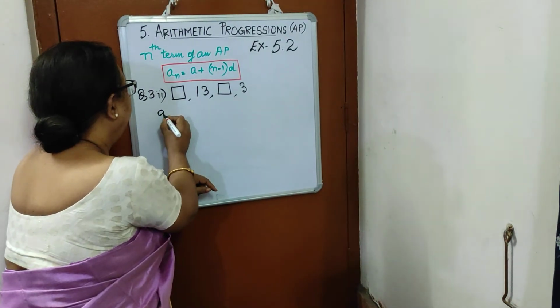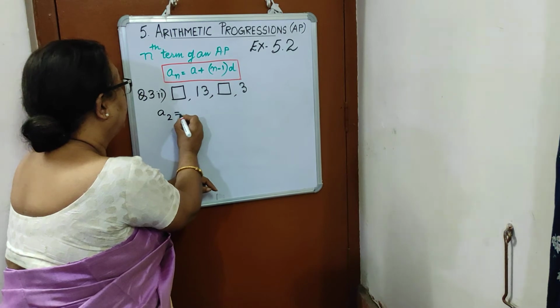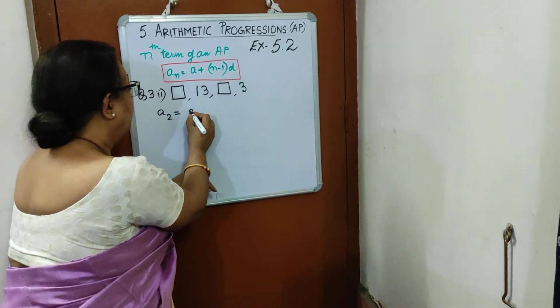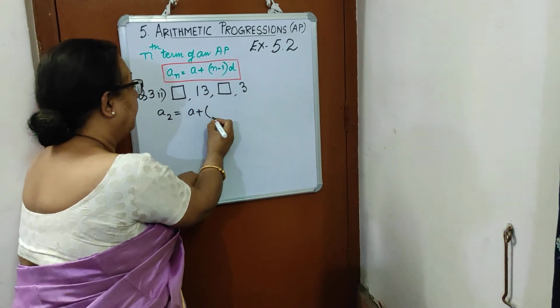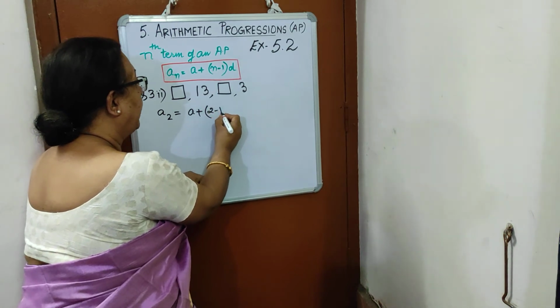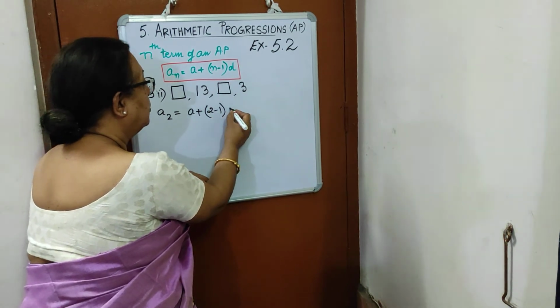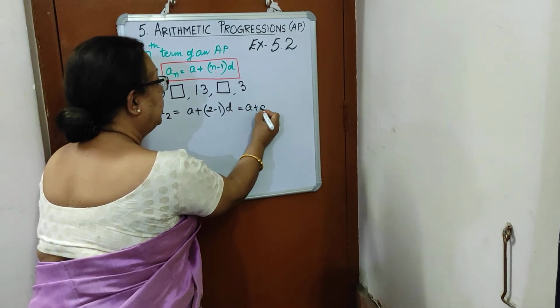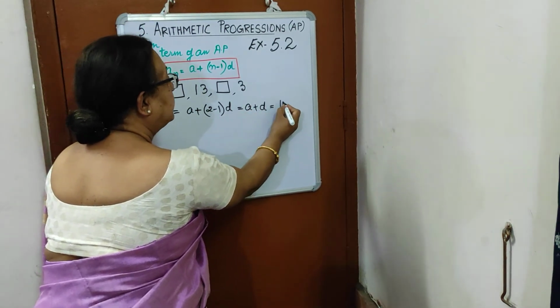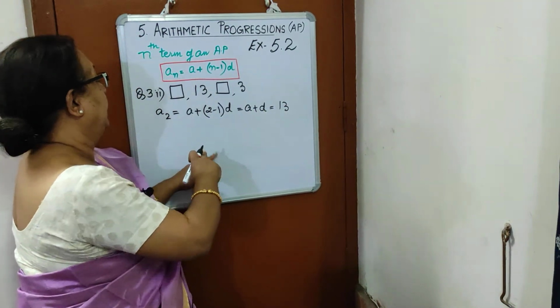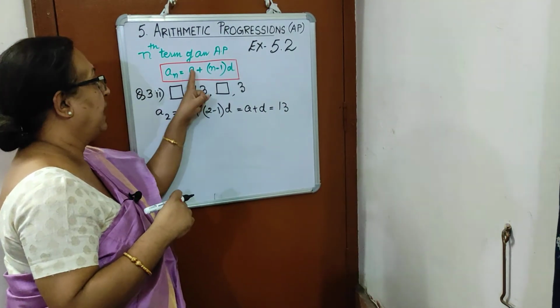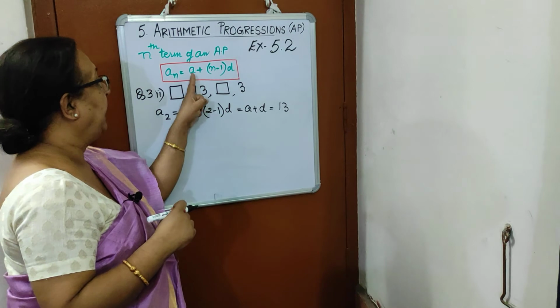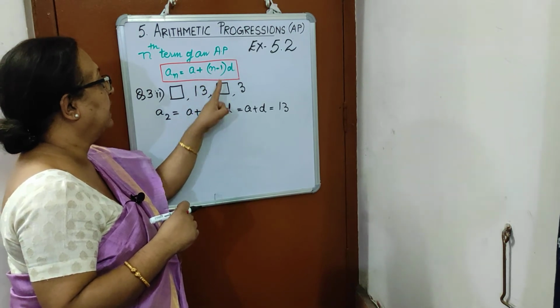Now, using this, what will the second term be? Second term will be a2. That is equal to a, we do not know, plus n. What is n? 2 minus 1. Even D we do not know. So you have a plus d, that is given as 13. The second term, according to this formula, a plus 2 minus 1 into d.